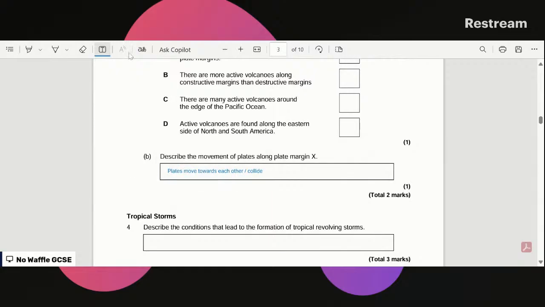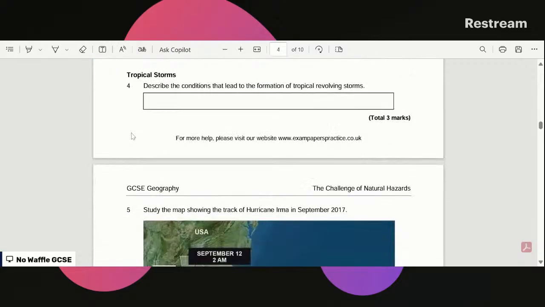Okay, now on to tropical storms. So, describe the conditions that lead to the formation of tropical revolving storms. So, there's loads of different ones you can say. You can say the temperature of the ocean needs to be above 26.5 degrees, or you can say 27 degrees. It needs to be in summer where the seas are the warmest.